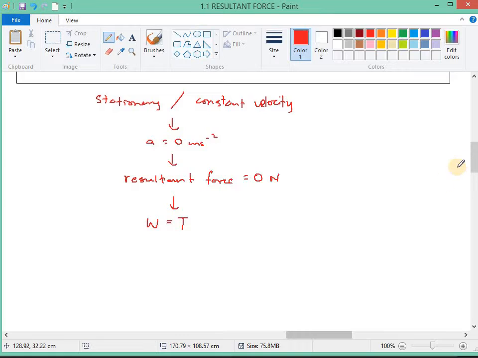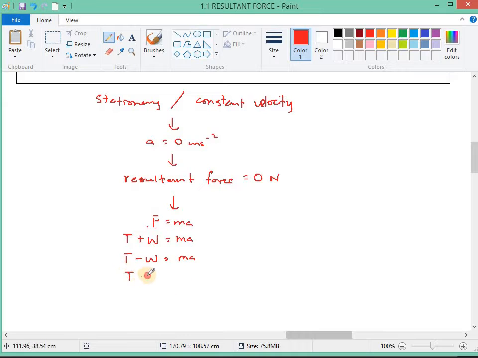Okay, get the idea. Or we can also show that the weight equals the tension when the resultant force equals 0. For example, just now F equals ma. Force is the tension plus the weight, equals ma. The weight is downward, so it's negative.